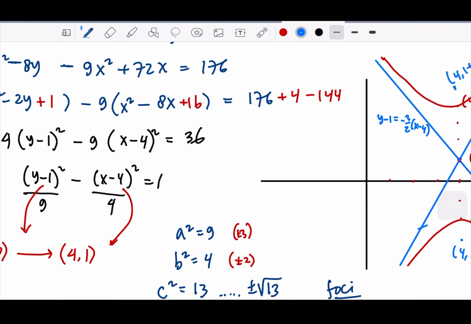So the center, that is the origin, we shifted.